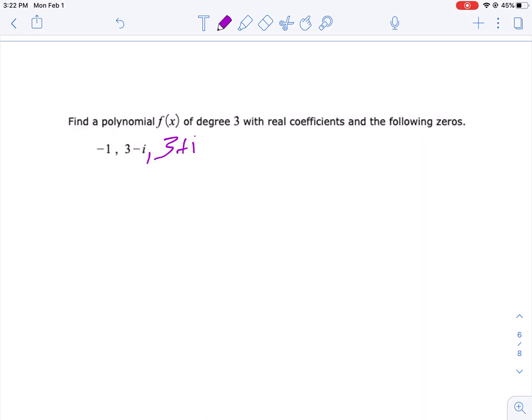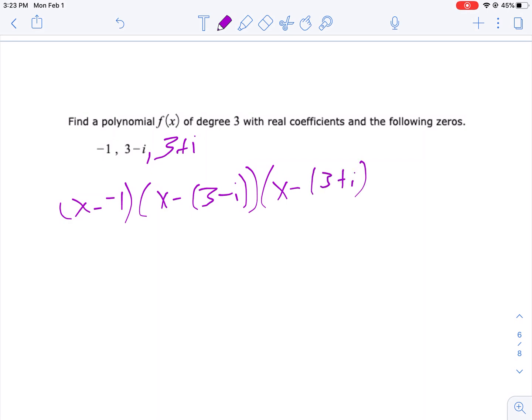So in other words, we're going to say x minus a negative 1 times x minus 3 minus i and x minus 3 plus i. Let's simplify that a bit.